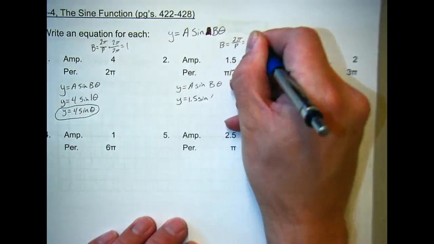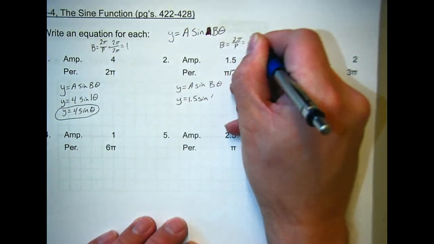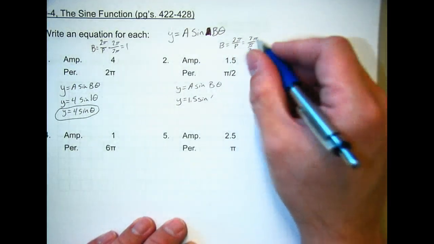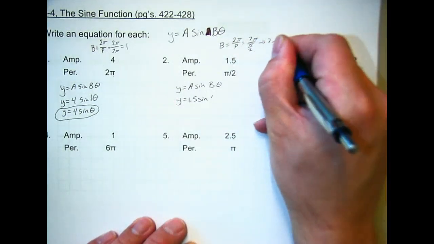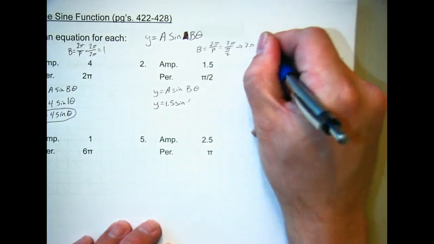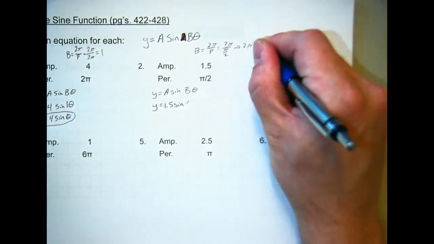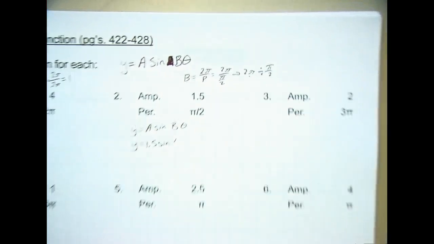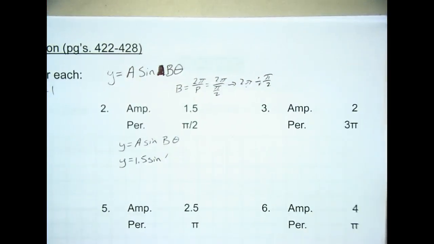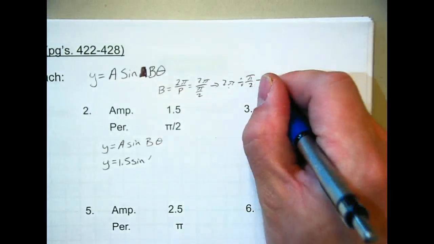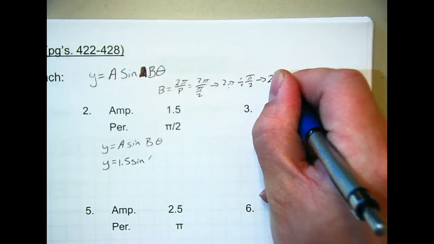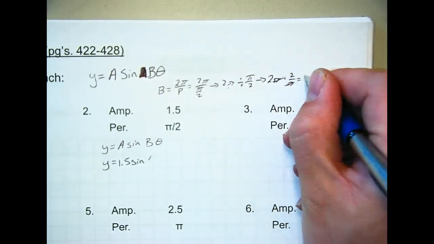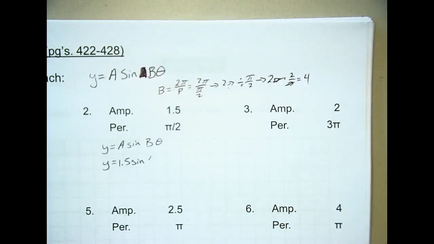For those of you that don't know how to do that, that's a compound fraction. That really means 2 pi divided by pi over 2, which is the same thing as 2 pi times 2 over pi. Pi's cancel, so we get 4. B is 4.